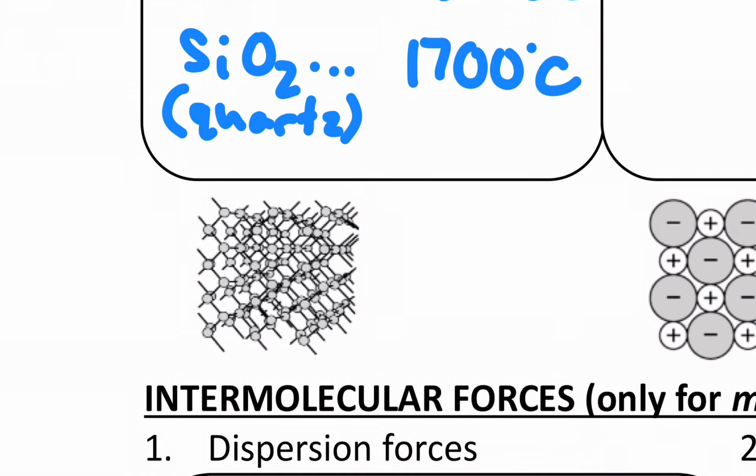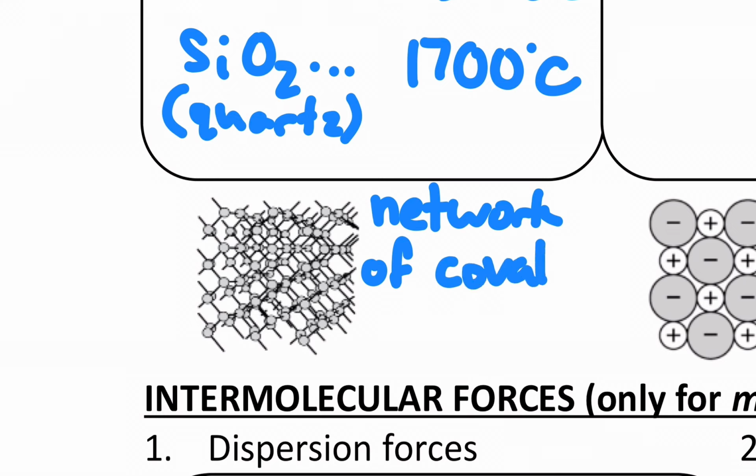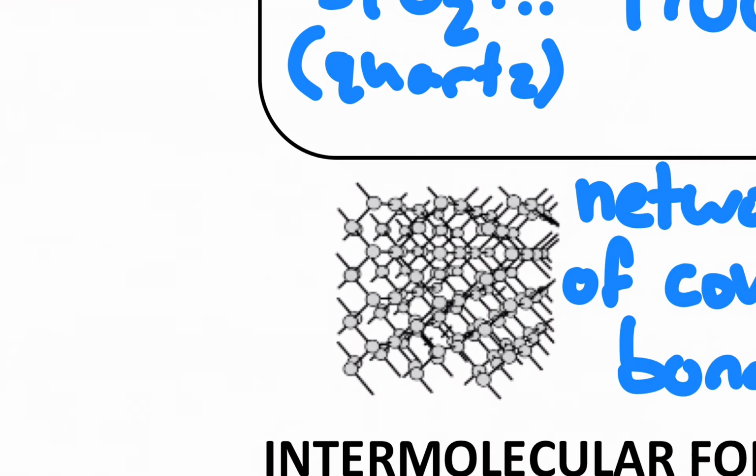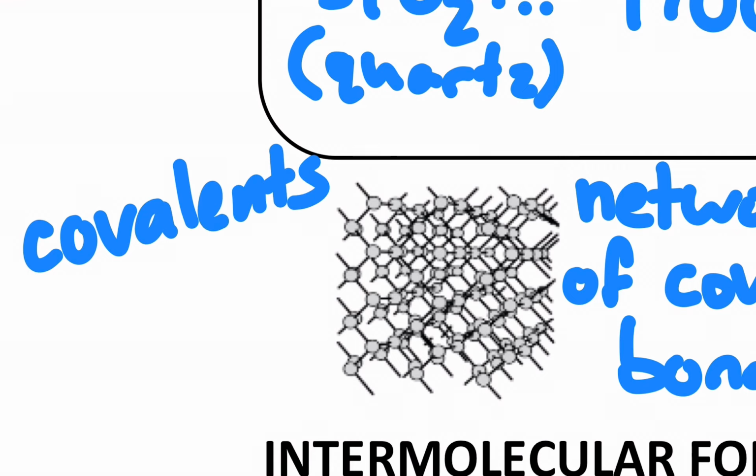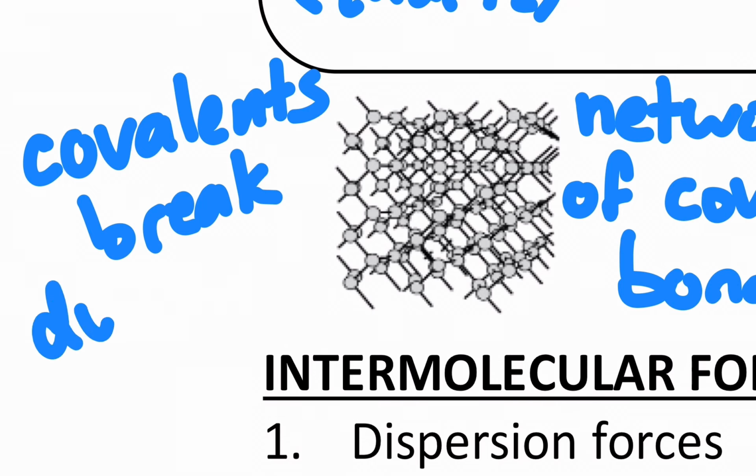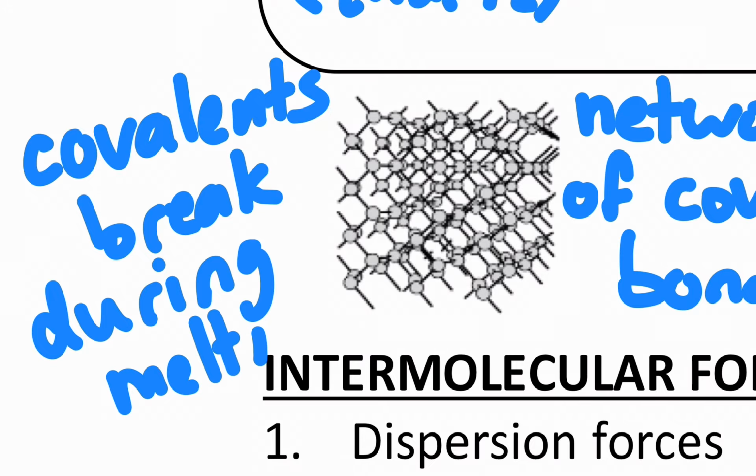It is a network of covalent bonds. And as such, when you melt something, you're actually breaking covalent bonds when you melt it. So covalent bonds break during melting. That's never true for other substances.